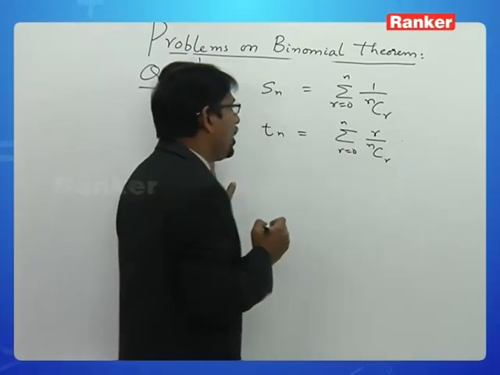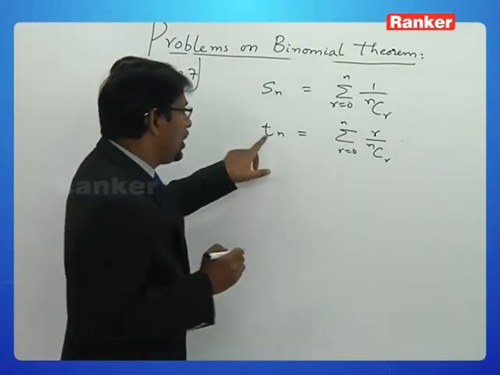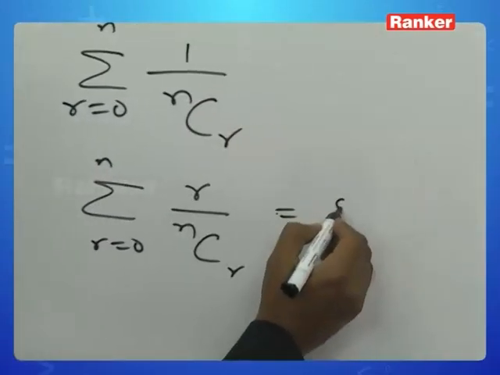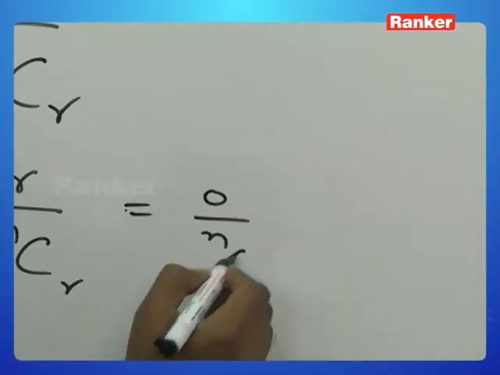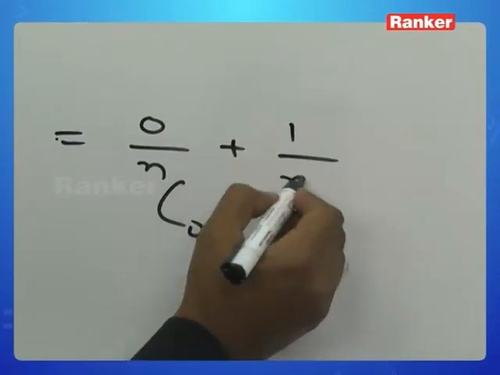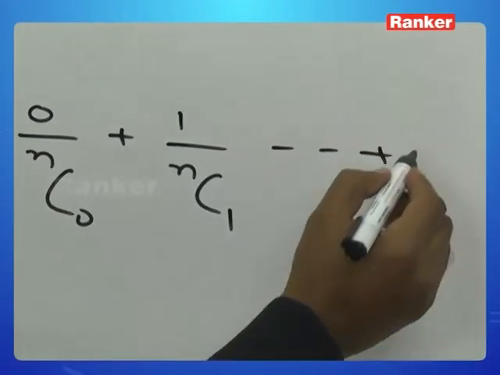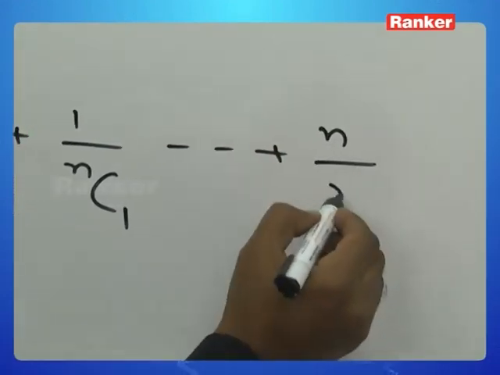Now, let's make an observation about the sum Tn. What is this? This is 0 by nC0, 1 by nC1, so on and so forth, n by nCn.